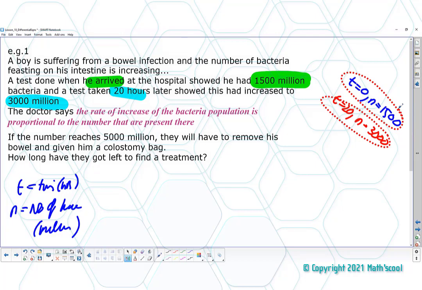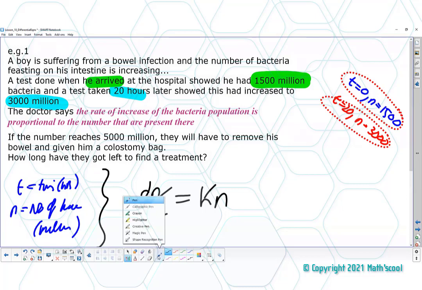Now we've got the differential equation, which we know because we did it already. Doctor says the rate of increase of bacterial population, that's dn by dt, is proportional to, equals k, the number that are present, n. And now we've got the crunch point. It says here, if the number reaches 5,000 million, then it's dire straits.